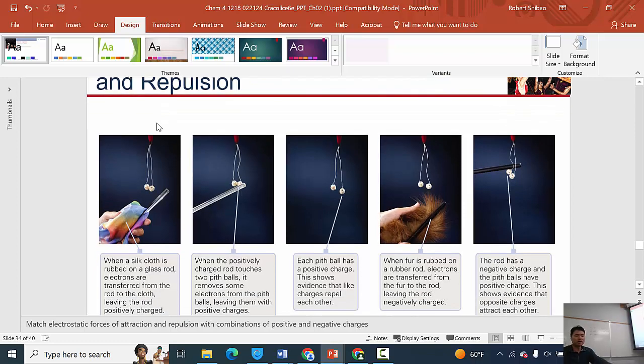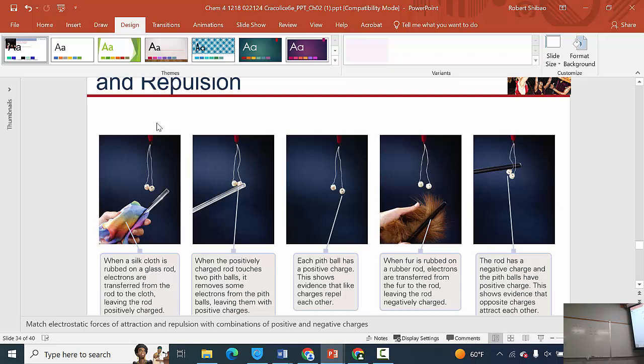Here we can see electrostatic interactions. If you take the glass rod and rub silk on that, then the glass rod acquires a positive charge. That is, some of the electrons off the glass rod rubbed onto the silk. And then you can transfer that charge over to these pith balls, and you can charge the pith balls. If you charge both pith balls positively, they repel each other.